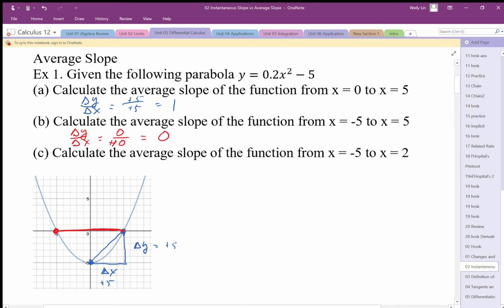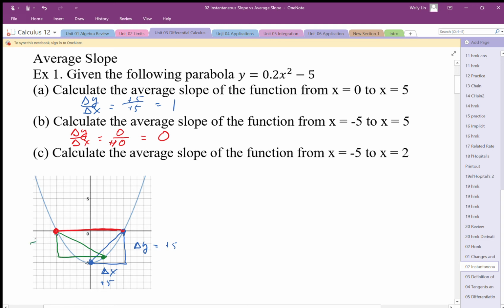And then the average slope from -5 to +2. +2 looks like it's right about here, so I'll do that in another color. From -5 to +2 looks like right about there. I'm just going to estimate that because I don't know if I'm going to get that exact. So I'm going to go across like that. That one is a negative slope.